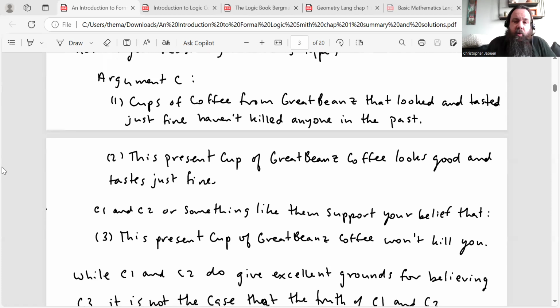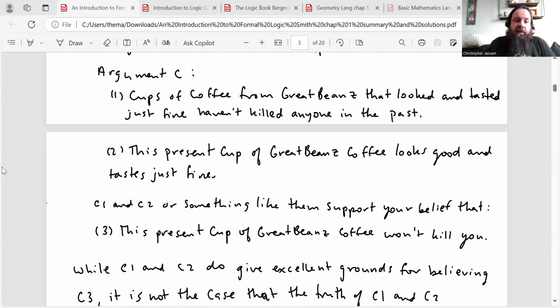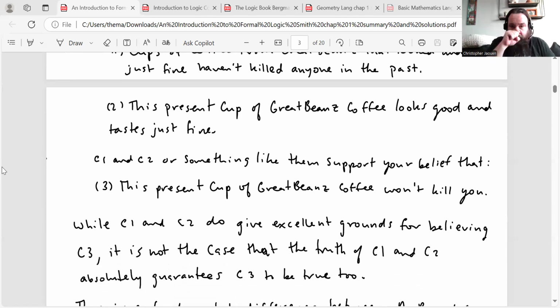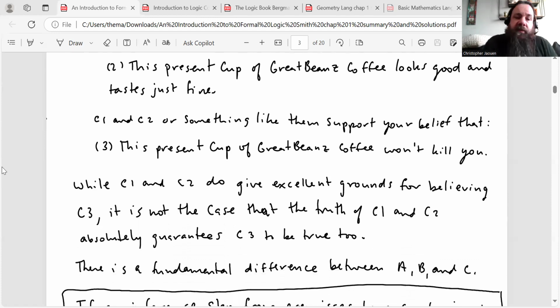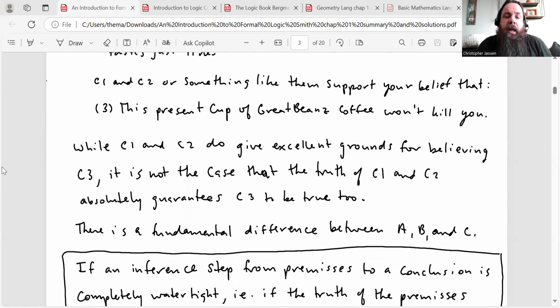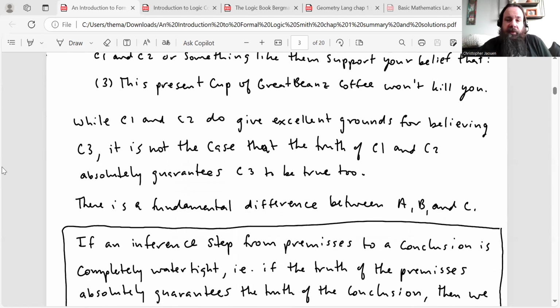C1 and C2 or something like them support your belief that, here's the conclusion, this present cup of great beans coffee won't kill you. While C1 and C2 do give excellent grounds for believing C3, it's not the case that the truth of C1 and C2 absolutely guarantees C3 to be true. This is a fundamental difference between arguments A and B and argument C.